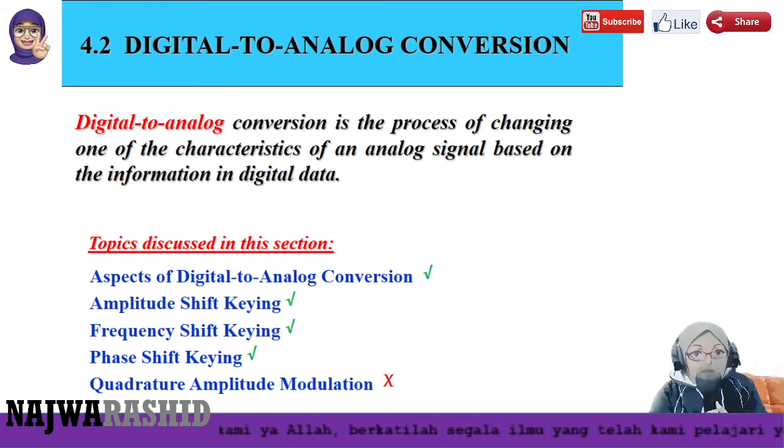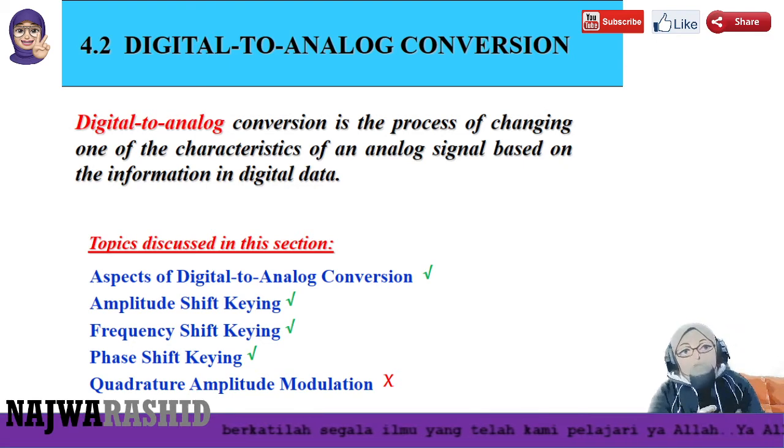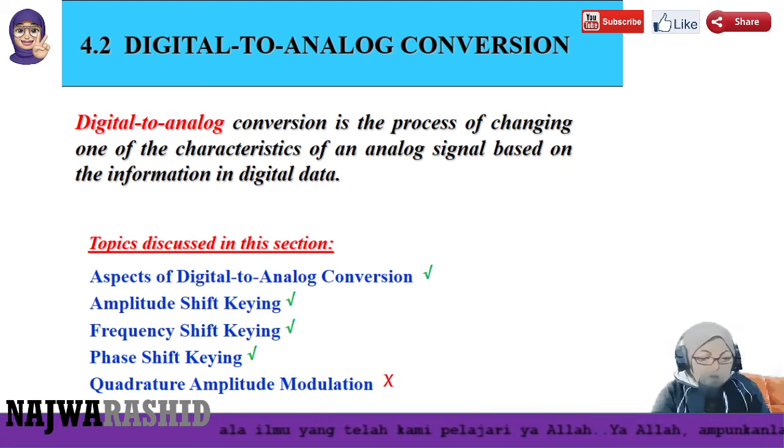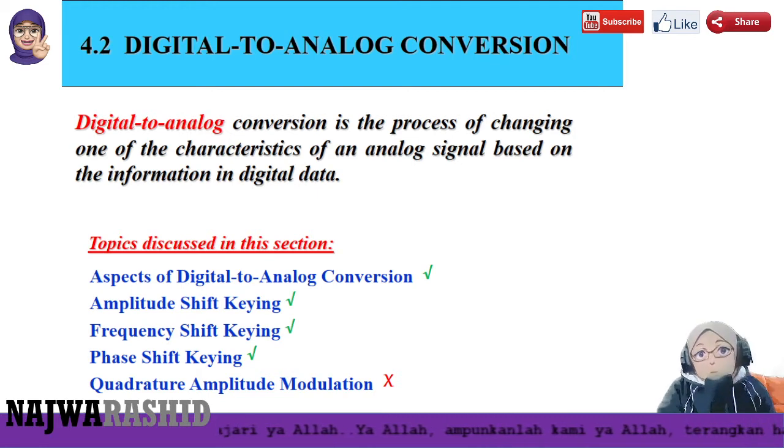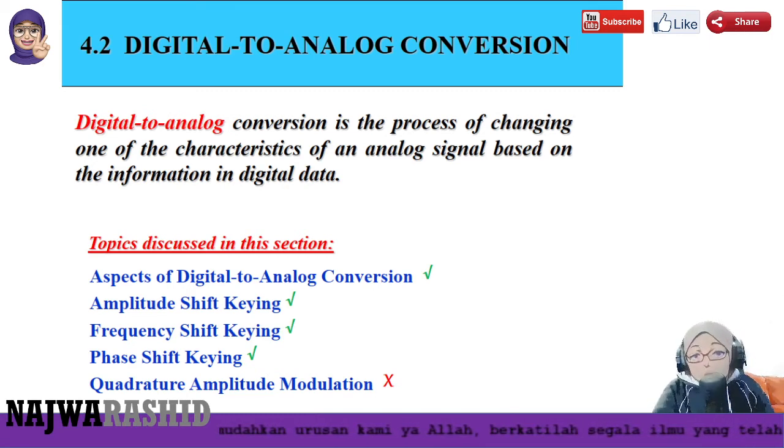So in this video, we'll discuss digital to analog conversion: ASK, FSK, and PSK. Then we have another one which refers to QAM or quadrature amplitude modulation, but that part is not included in the discussion.